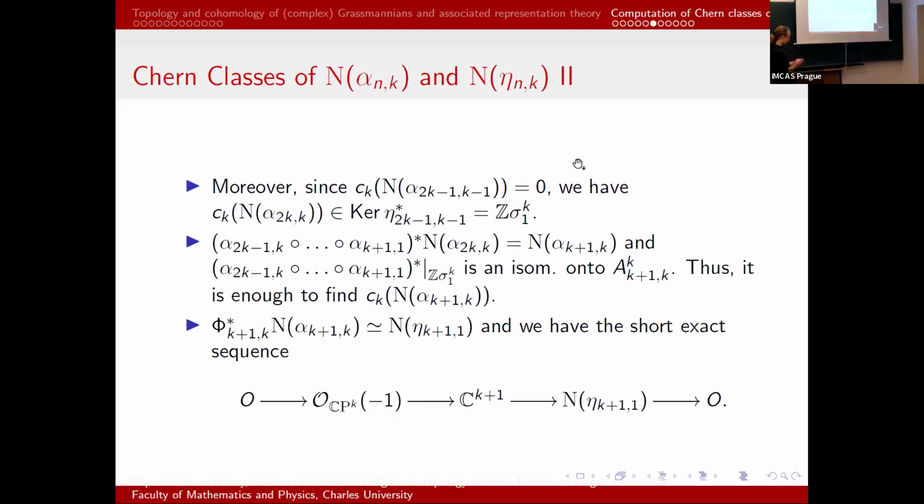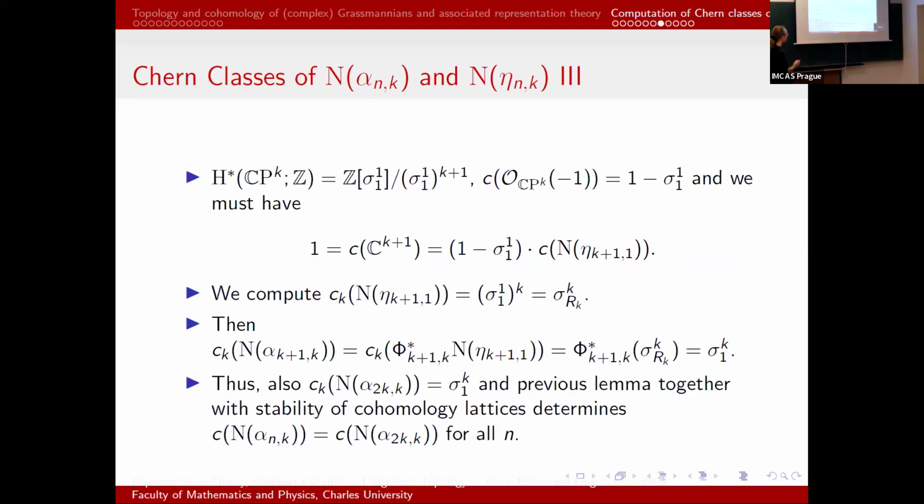We know the Chern classes of this bundle. So from the Whitney product formula and the knowledge of the cohomology ring of CP^k, we can compute that the total Chern class of n alpha k plus 1 must be, so the kth Chern class of this bundle must be the row of length k.